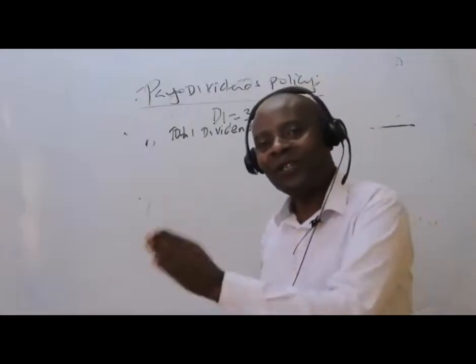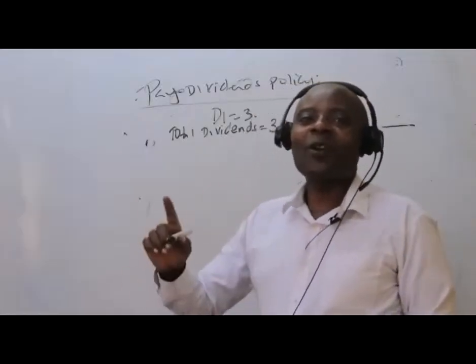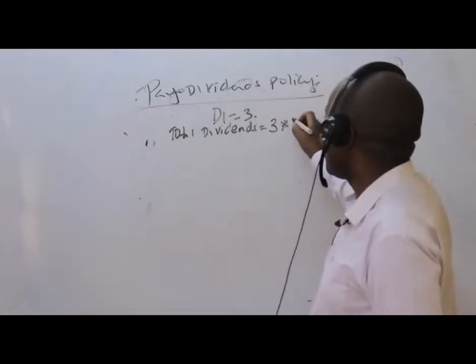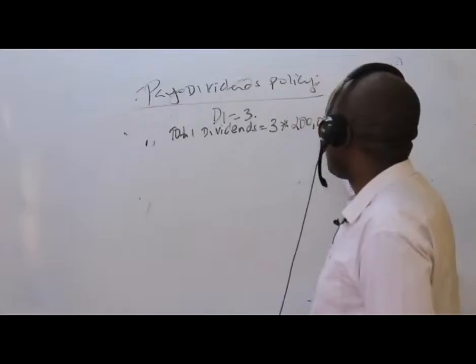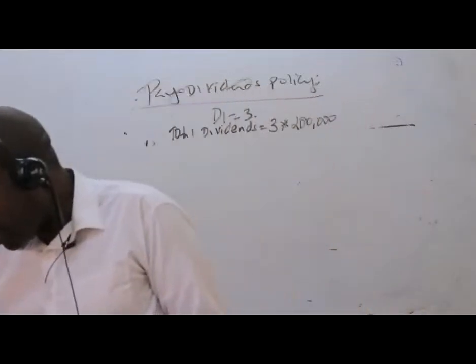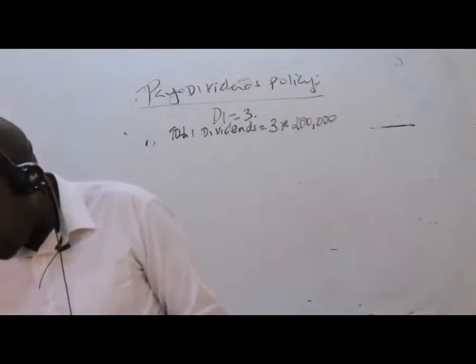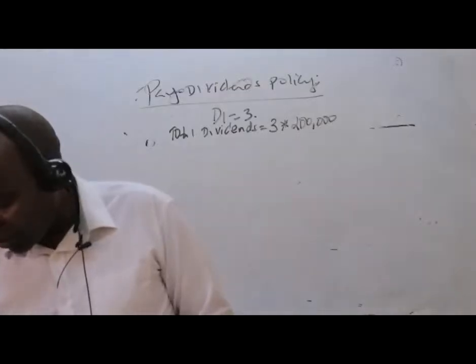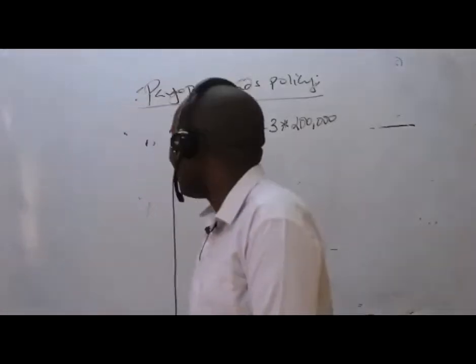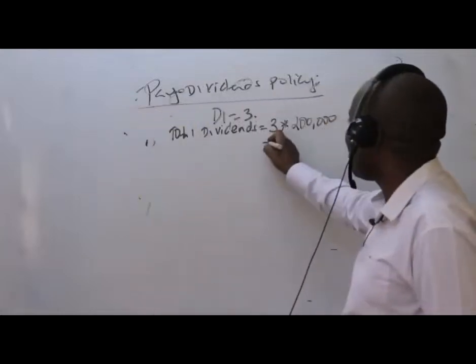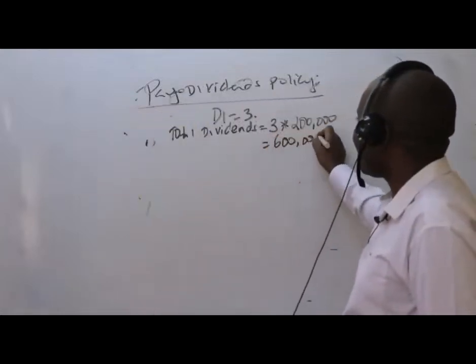New shares to be issued at the end of this year can only qualify for next year's dividends. So these will be 3 times the old shares, which were 200,000. So ladies and gentlemen, how much are you getting there? What you're getting here is 600,000, right?